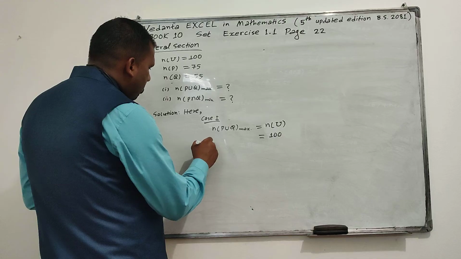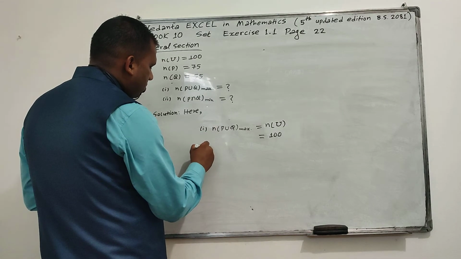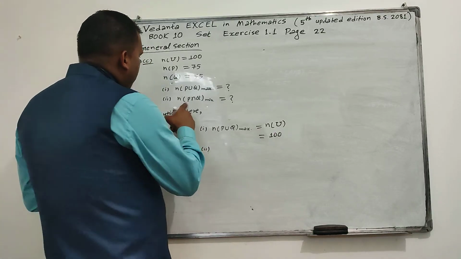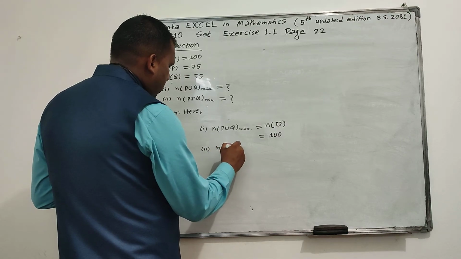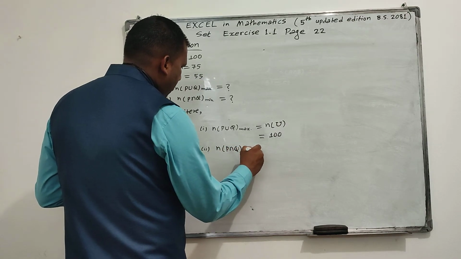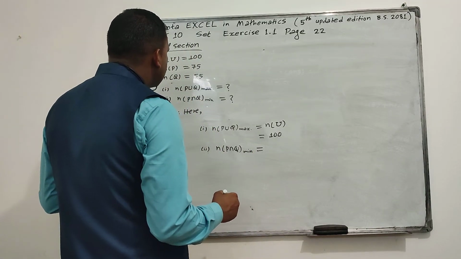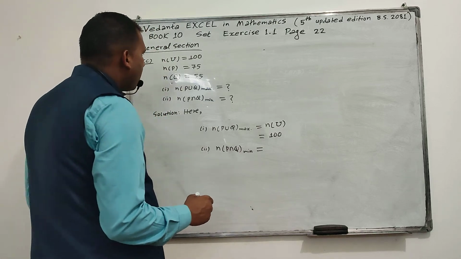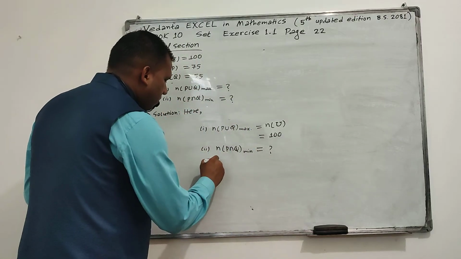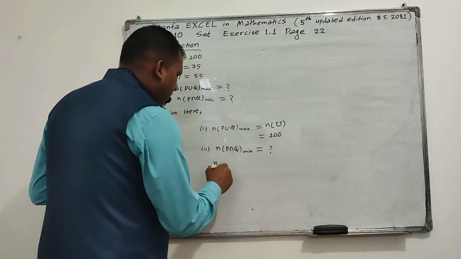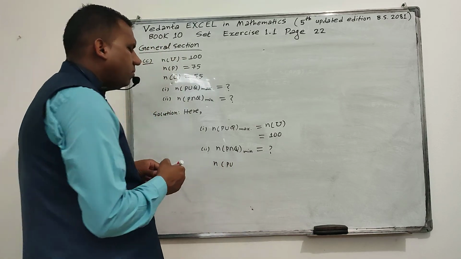Then part 2. Number of P intersection Q minimum equals question mark. Number of P union Q is 100, the maximum.